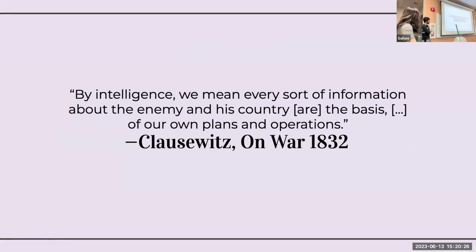So do you want to talk about that? There is this very good quote by Clausewitz in On War, 1832. I found it in a news article, where it says, by intelligence, we mean every sort of information about the enemy and his country, the basis of our own plans and operations. As was just mentioned, we will be looking at a wide variety of OSINT platforms or categories.